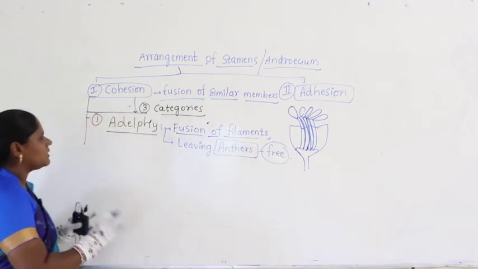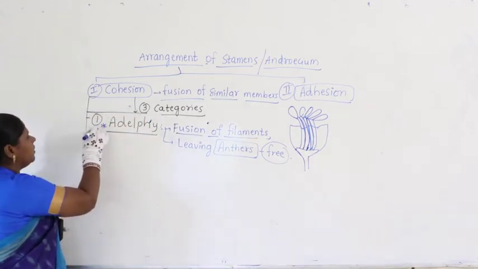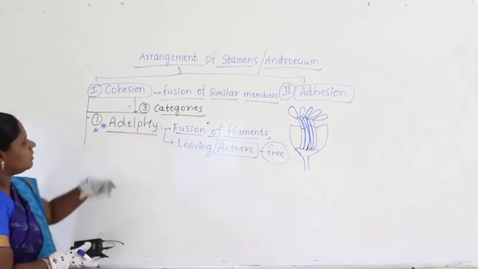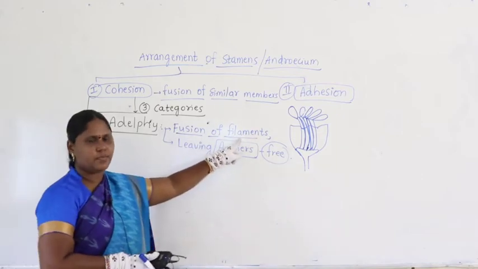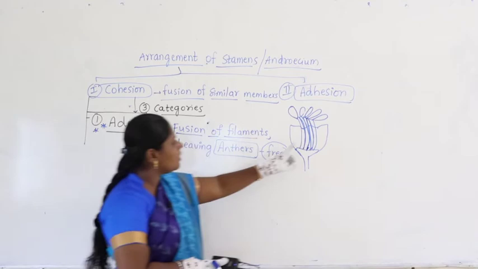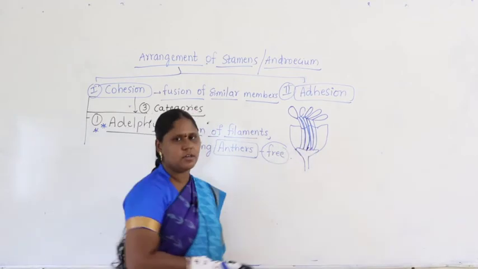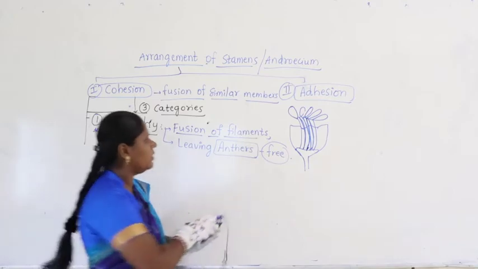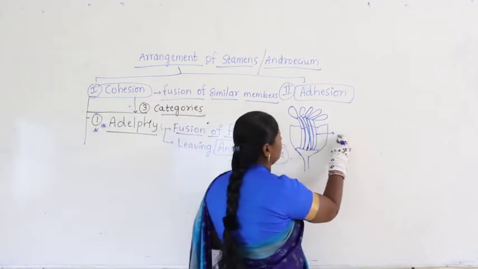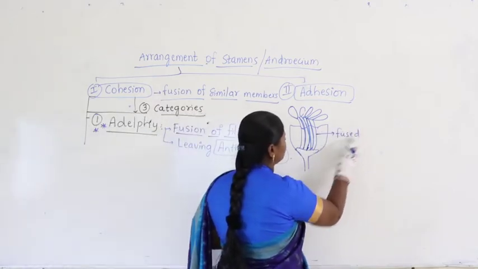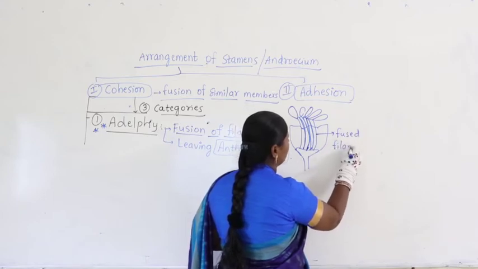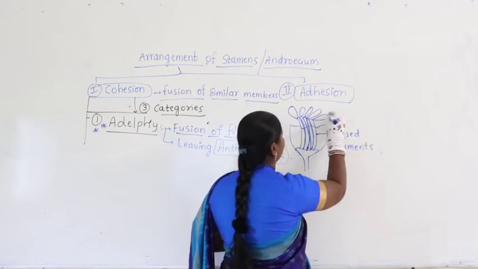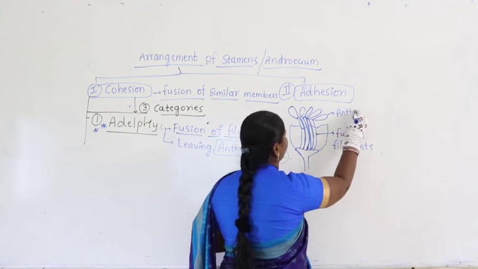So, what is the basic meaning of Adelphi here? Adelphi meaning here the fusion of filaments. Fusion of filaments means all filaments joined together leaving anthers free. So, here in this flower you can see these all are fused filaments, and here the anthers are free.